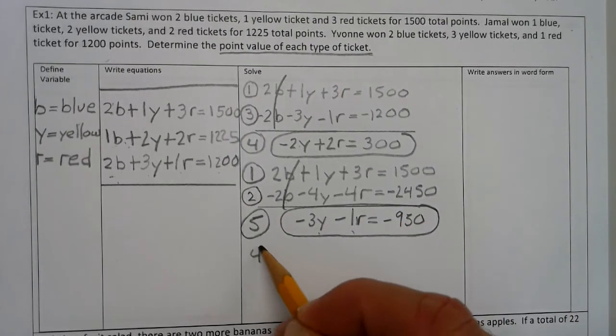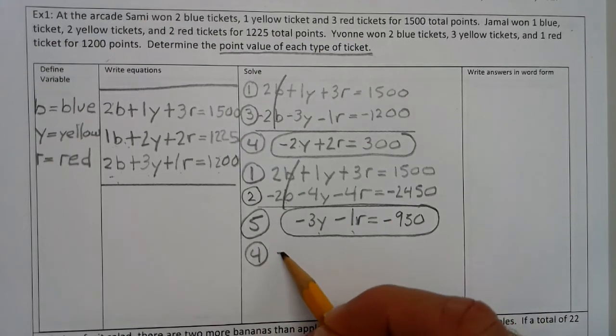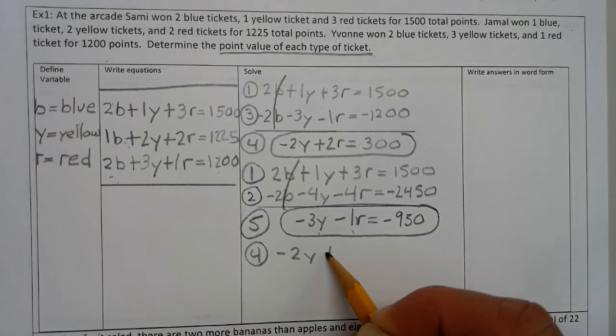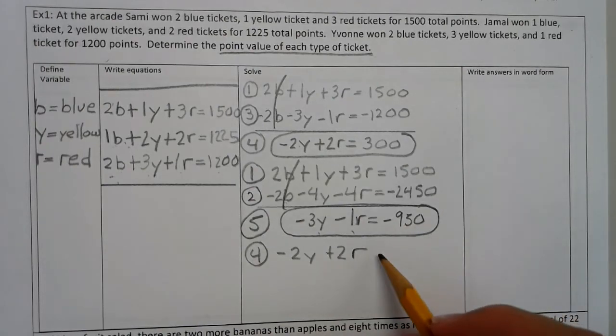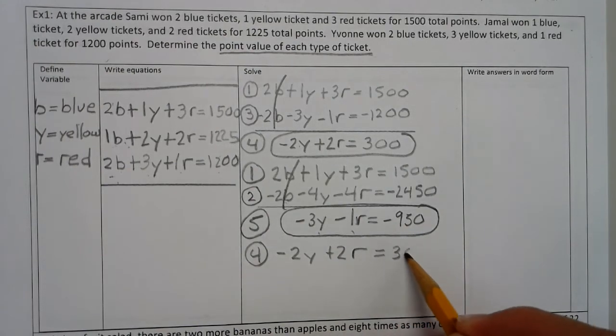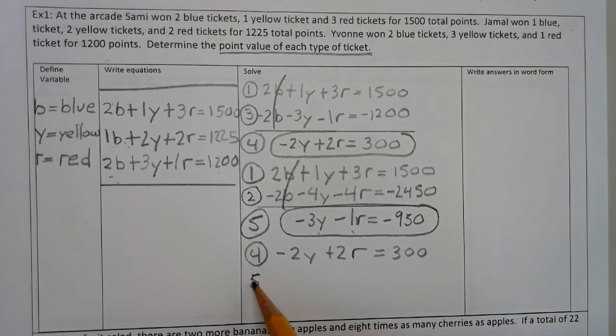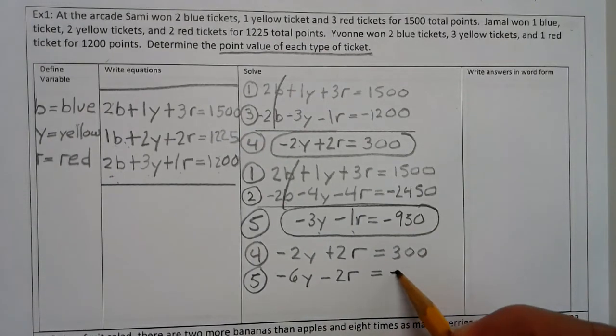So we're not going to do anything to equation 4. So that's negative 2y plus 2r equals 300. And then we multiply equation 5 by 2, so that's negative 6y minus 2r, and then negative 950 times 2 is negative 1,900.